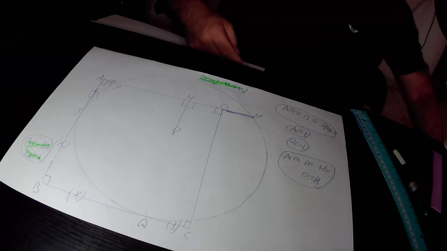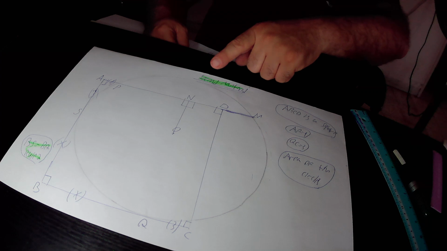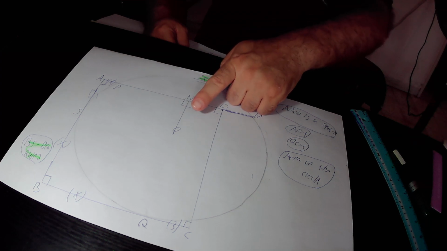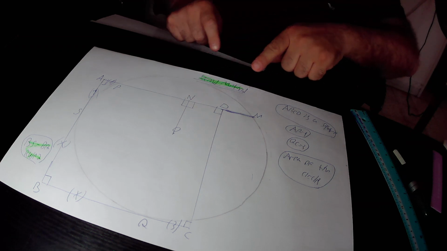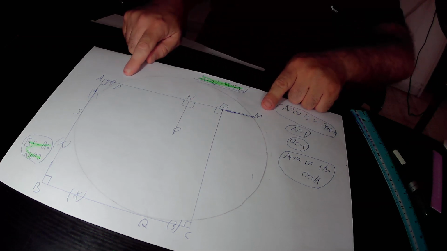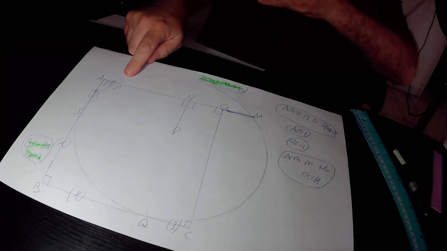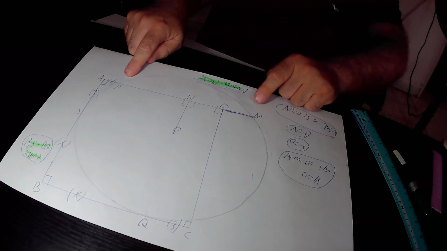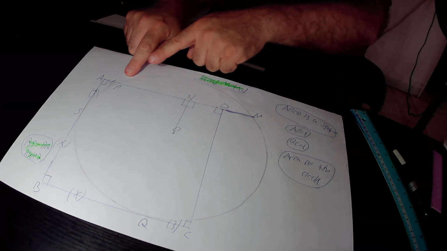Well, in our drawing, we have perpendicular ON, which is drawn from point O, the center of the circle. So we have perpendicular ON on this chord PM. So all the requirements of rule 11 are satisfied. Therefore, we can implement here rule 11. According to rule 11, perpendicular ON bisects chord PM.